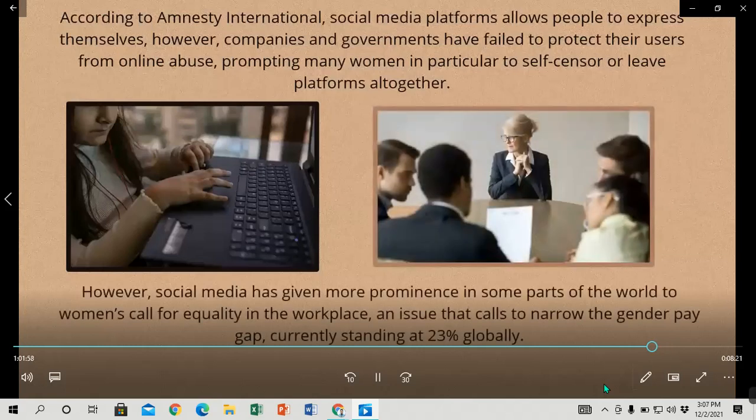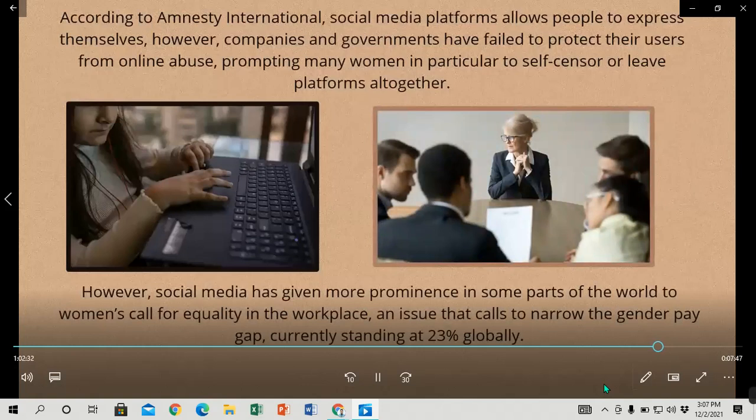However, social media has given more prominence in some parts of the world to women's call for equality in the workplace, an issue that calls to narrow the gender pay gap currently standing at 23% globally. So social media is also a place to call on their demands, especially for women in the workplace, since women still have less pay than men.